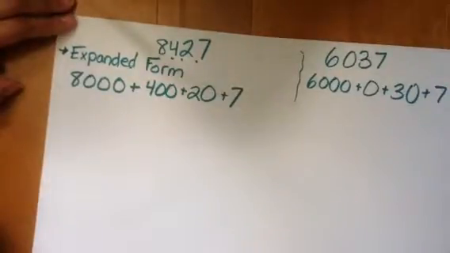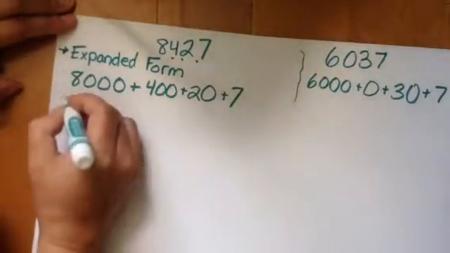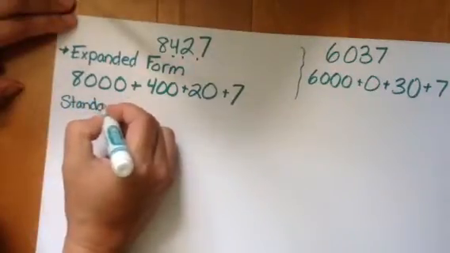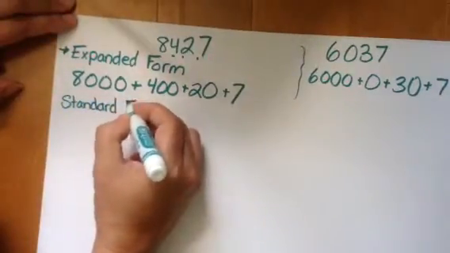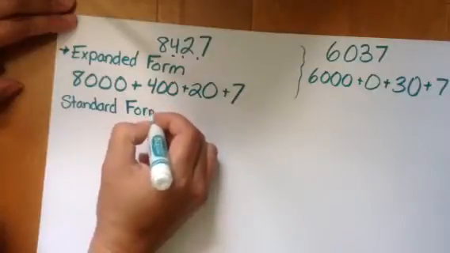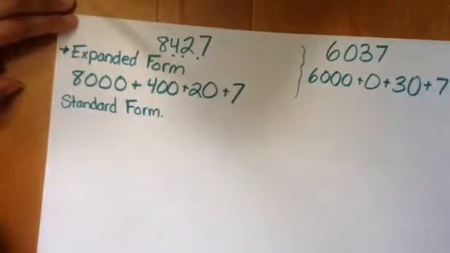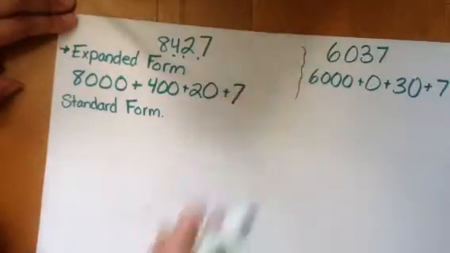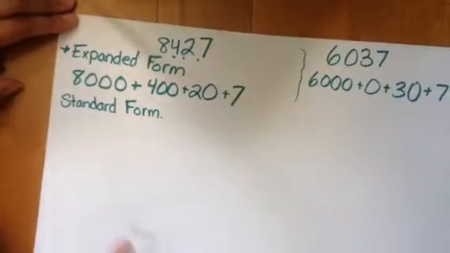The next type you're going to hear is standard form. Okay, standard form you already know. That's writing the number just as it is. This is standard form right here. This is standard form right here. Easy.